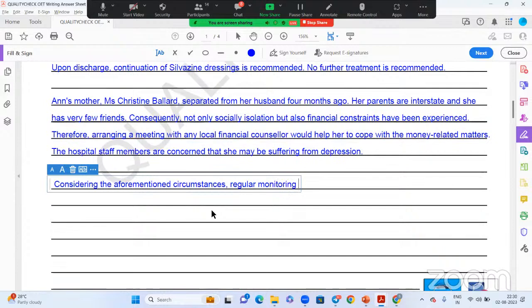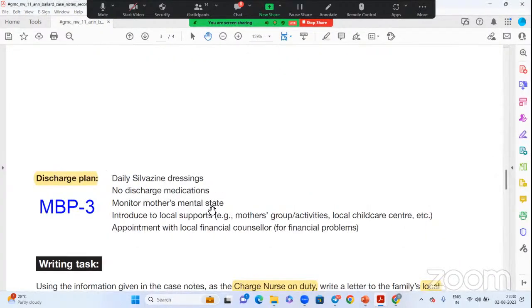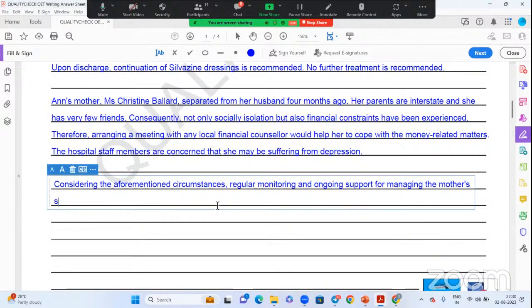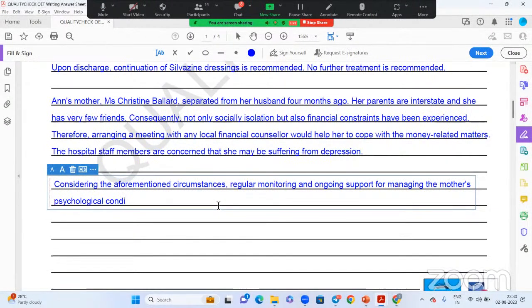Regular monitoring and ongoing support for managing the mother's mental condition, psychological condition. Change the words.